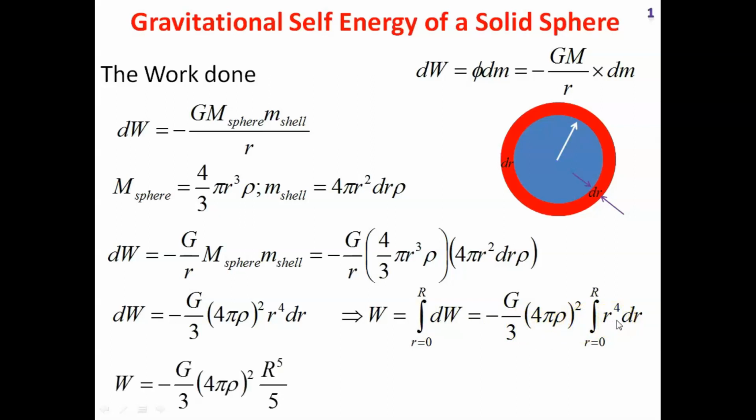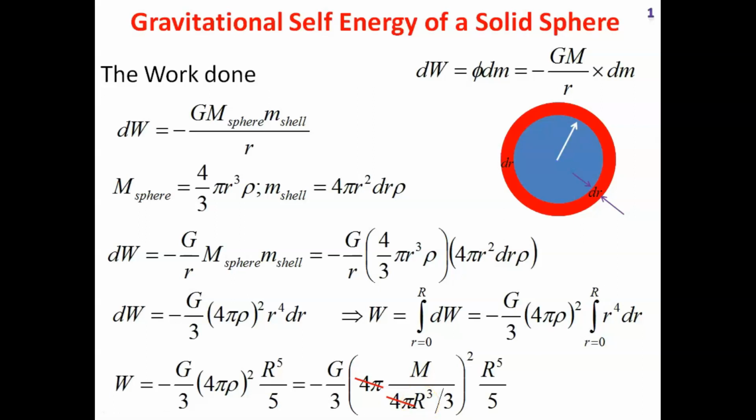Integration of r to the power 4 will be r to the power 5 upon 5, upper limit minus lower limit. We can substitute and simplify the equation. We can replace rho as M upon 4 pi R cube by 3. So here M is mass of Earth and capital R is radius of Earth.